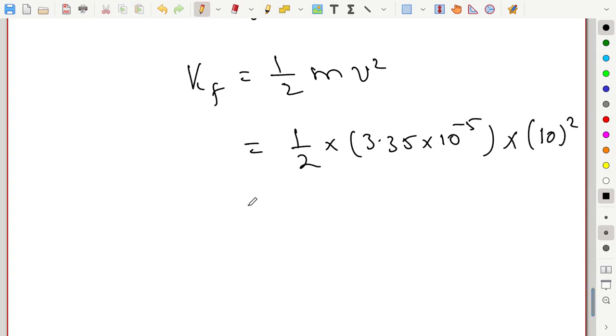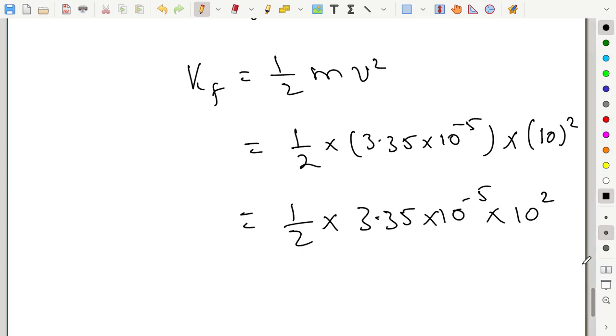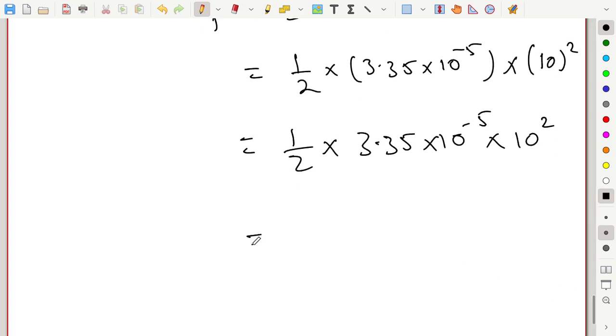Or we can write it as half into 3.35 into 10 power minus 5 into 10 power 2. Half of this value is 1.675 into 10 power minus 3. So this is the final kinetic energy.